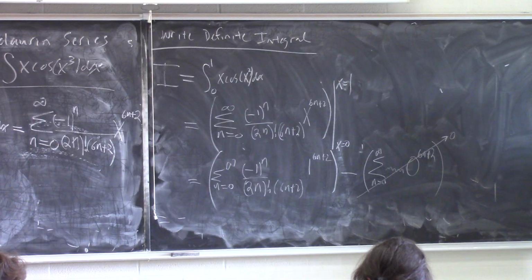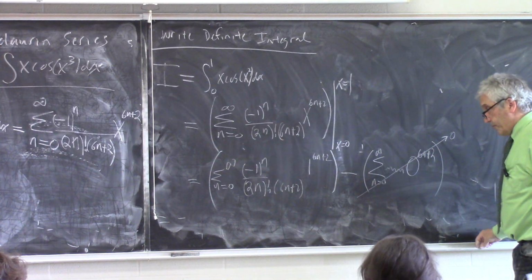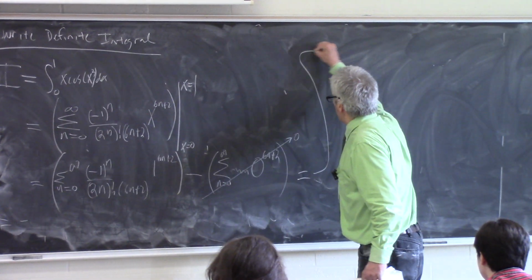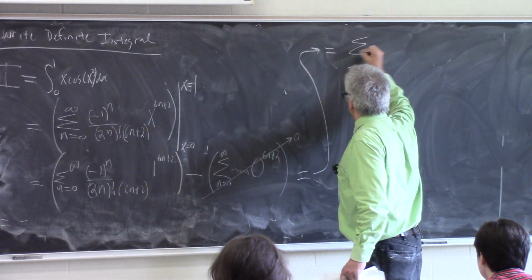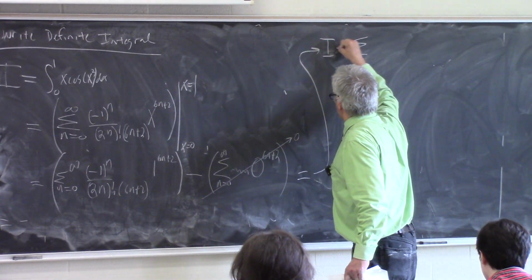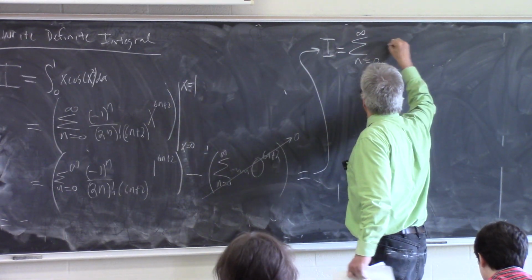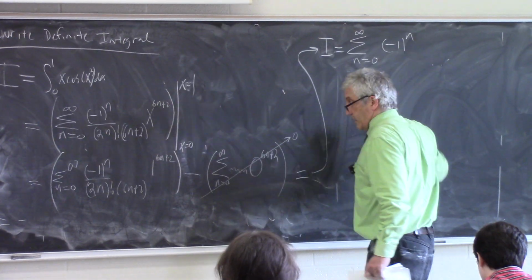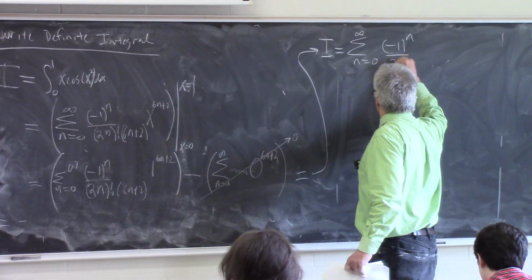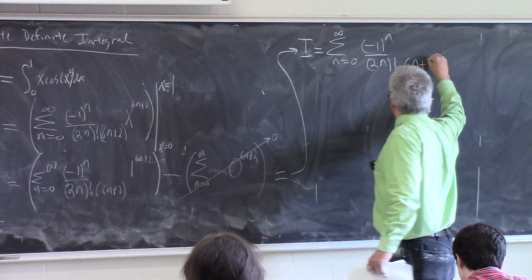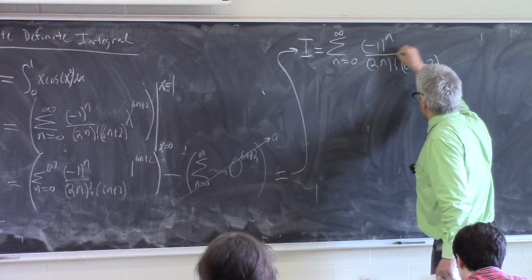And that becomes, well, all those powers of 1 are just 1. So I equals the sum as n goes from 0 to infinity of (-1)^n over (2n)!, and then over 6n plus 2. And there's no other stuff.